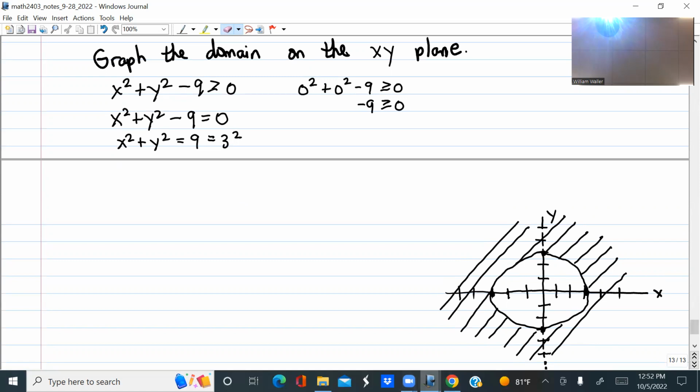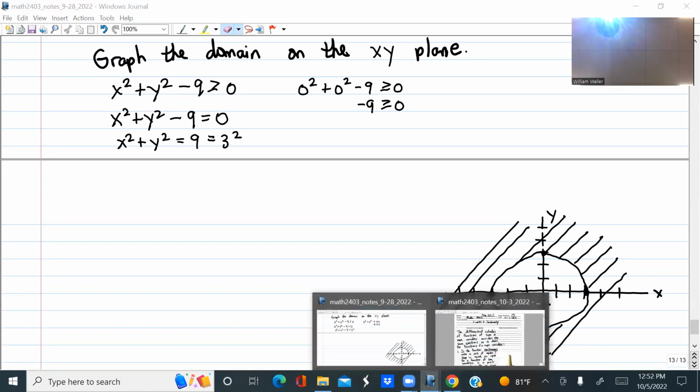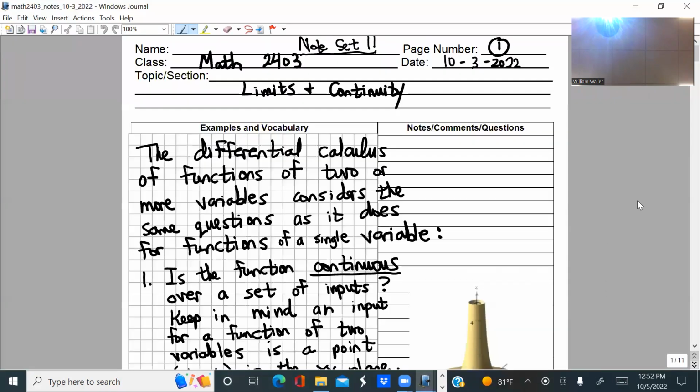Now, before we quit, let's at least take a start at what we're going to do with functions of two variables. Now that we have just a little taste of them, we're going to apply calculus to these functions of two variables.